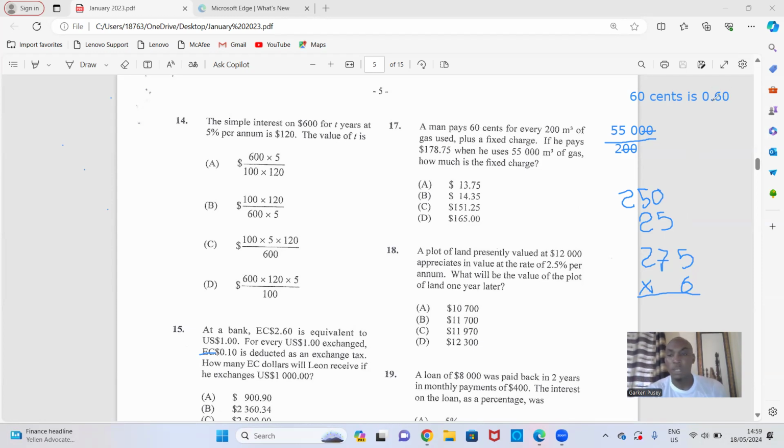Of course, calculators are not allowed. So let's go. 6 times 5 is 30, 0 carry 3. 6 times 7 is 42, plus 3, 45. So that's 5, carry the 4.